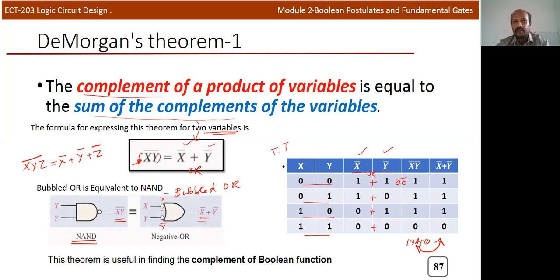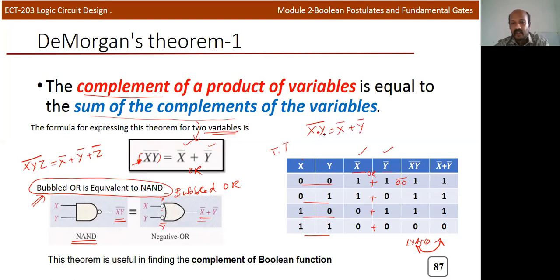So we can prove De Morgan's theorem, and in two ways you can think: a bubbled OR is equivalent to NAND. It's very important and a very useful theorem. Whenever there is a term like x into y the whole bar, you can split it into x bar plus y bar.